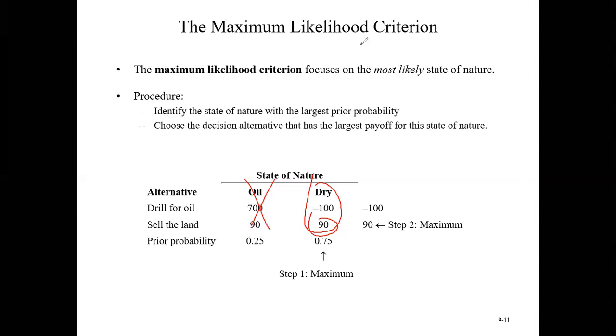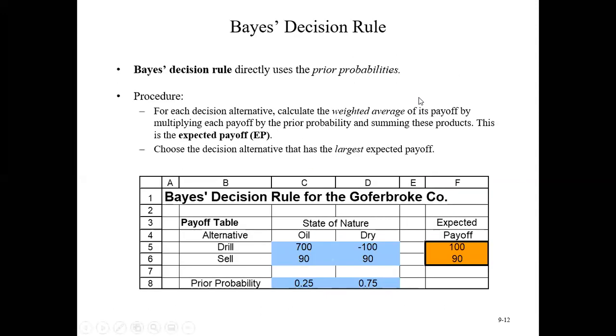Okay, so this approach is good, but it still does not fully capture the different decision states that we can have in situations where we actually have prior probabilities. So the next approach, which is a Bayesian approach, a Bayesian decision rule, now factors in both prior probabilities, and rather than just focusing on the maximum approach, it also enables us to capture information associated with that lesser probability.